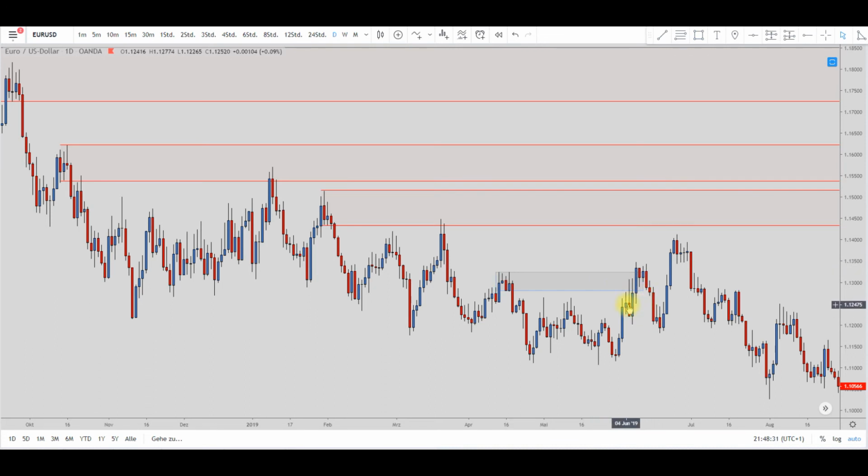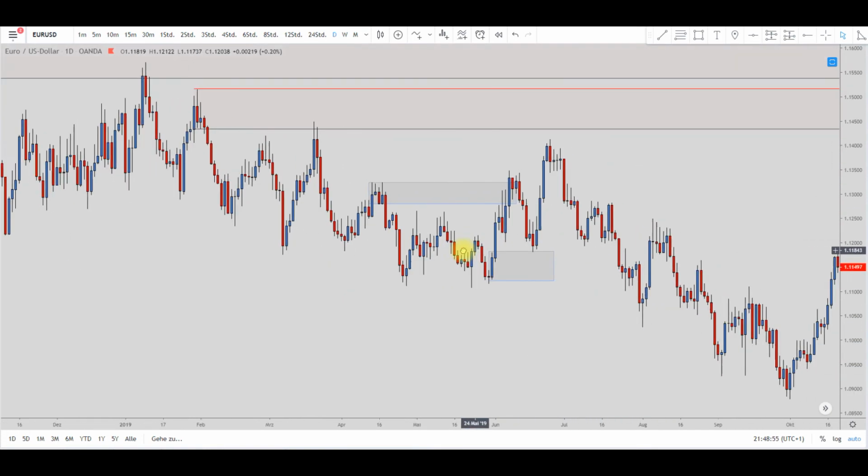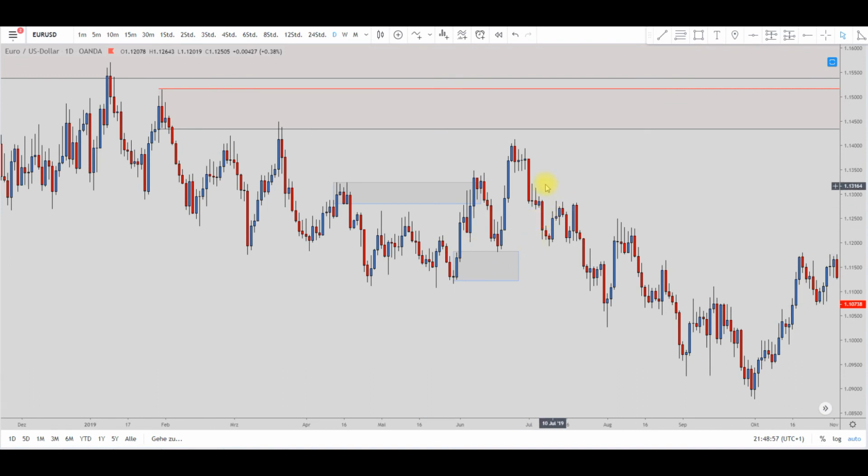The first test was here, so this was not primary demand. That's why it came down to this level down here, which is a bit small. Went further up, did not quite reach this zone above, traded down and created fresh supply.